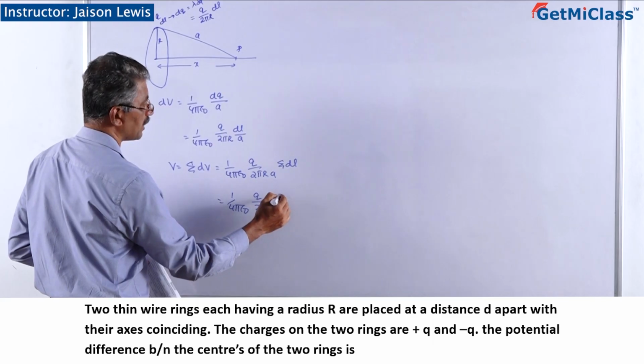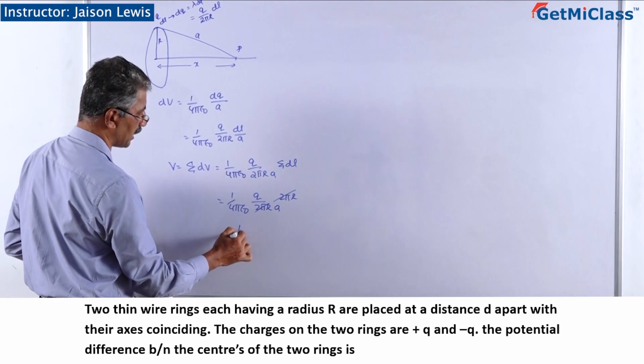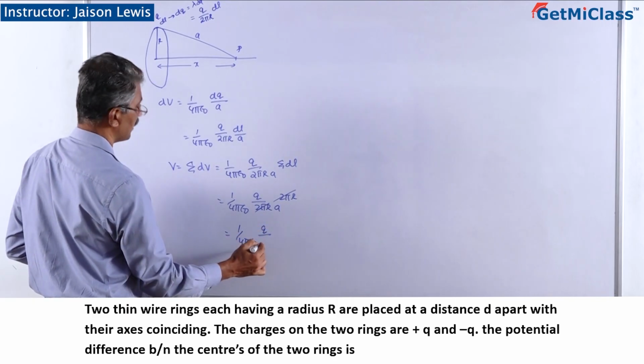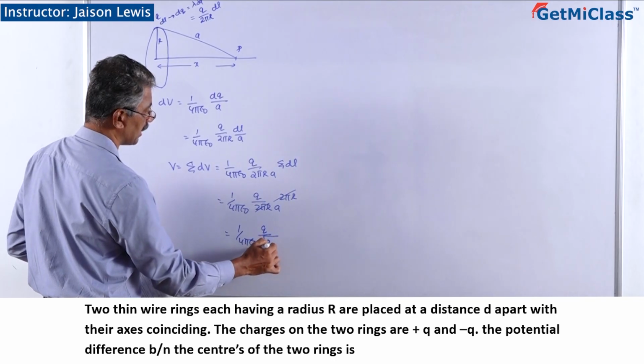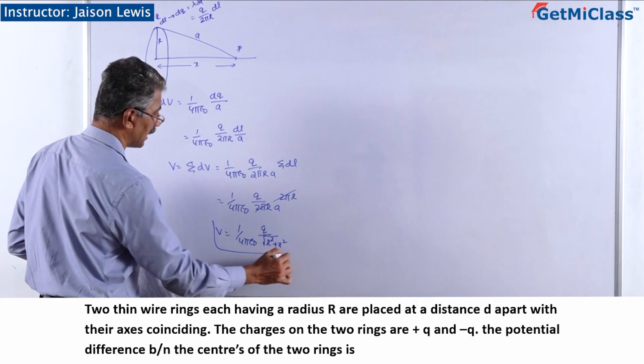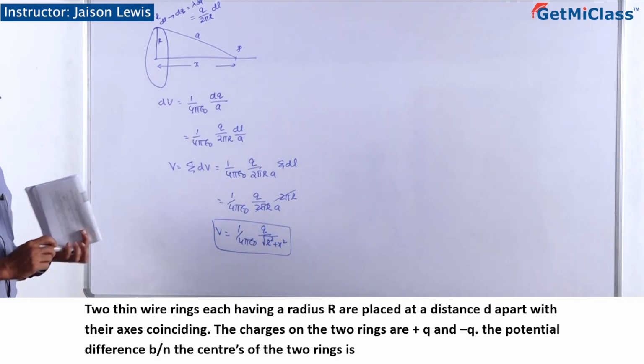Summation of dl is 2 pi r, so 2 pi r cancels. Remaining is 1 by 4 pi epsilon naught, q divided by a. a can be written as square root of r square plus x square. So this is the potential along the axis of a uniformly charged ring.